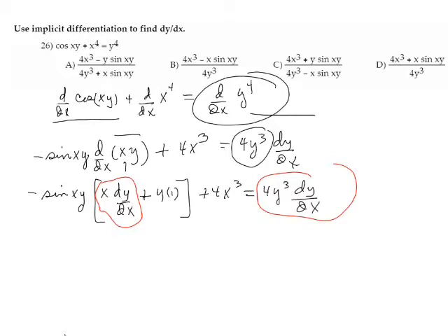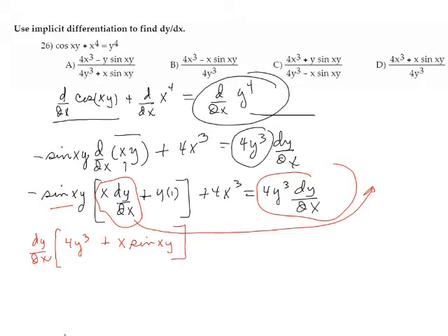And I think I prefer to carry things over on this side, and dy dx, bring that out, and I'll get 4y cubed plus x sine of xy equals 4x cubed minus y sine of xy.